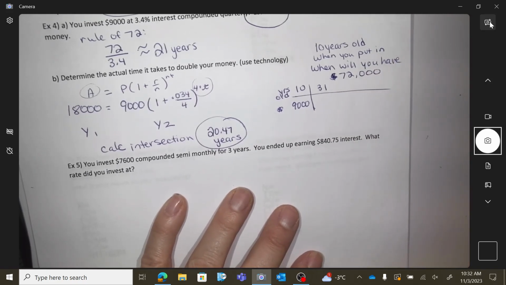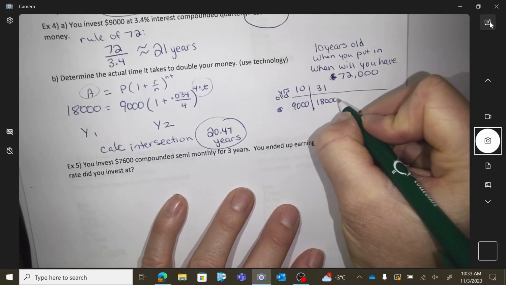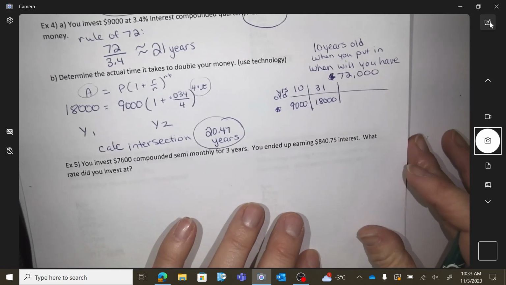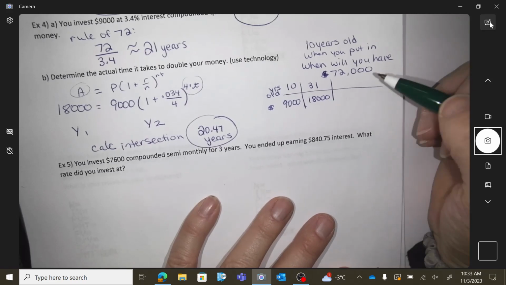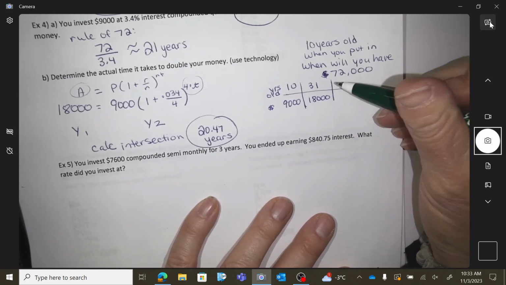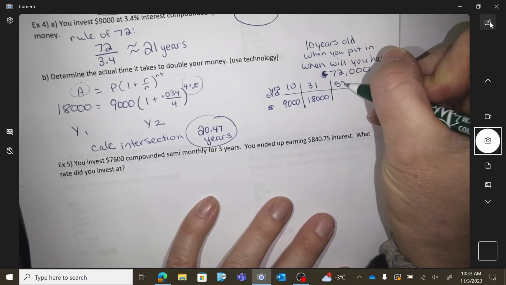So I'm 31 years old, and I could double my money. So now I have $18,000 and I'm 31 years old. So now I'm going to double it again. So 21 years later, I am 52 years old.